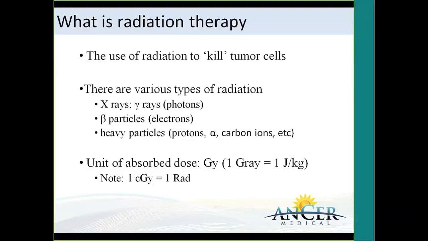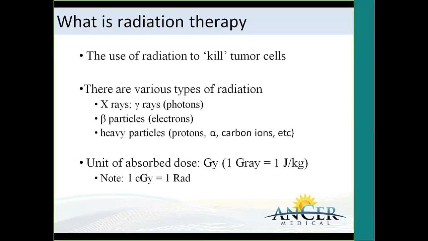It's a unit of energy absorbed in tissue, so it's really 1 joule per kilogram. And it's not directly related to the biological effect of what you're seeing, and I'm going to talk about that in a minute. Many times you're going to see people refer to rads instead of gray. That's the old unit, and 1 rad is 1 centigray. So 100 rads are 1 gray.